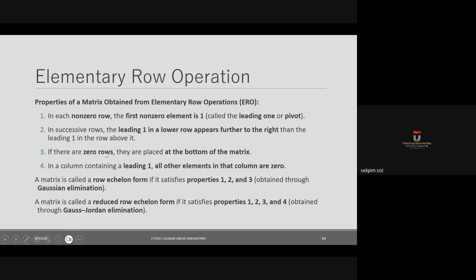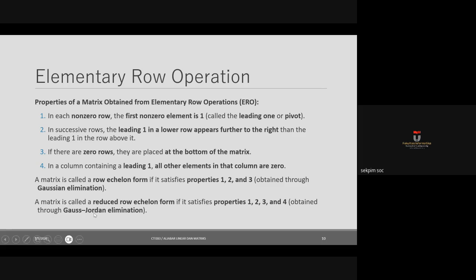So if we have a zero row, we always place the zero row at the bottom of the matrix. And in a column containing a pivot 1, all other elements in that column should be 0. Okay.